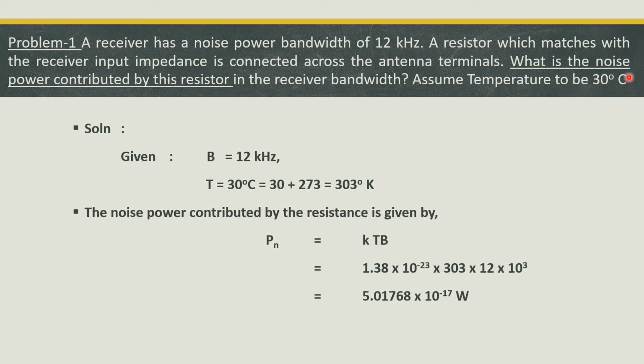Since it is given in Celsius, we have to convert it to Kelvin by adding 273 to the degrees Celsius, which finally gives 303 Kelvin. Substituting both values, and K is the constant 1.38 into 10 to the power minus 23, the noise power because of the resistor is 5.01768 into 10 to the power minus 17 watts. So because of that resistor, the average noise power is this particular value.